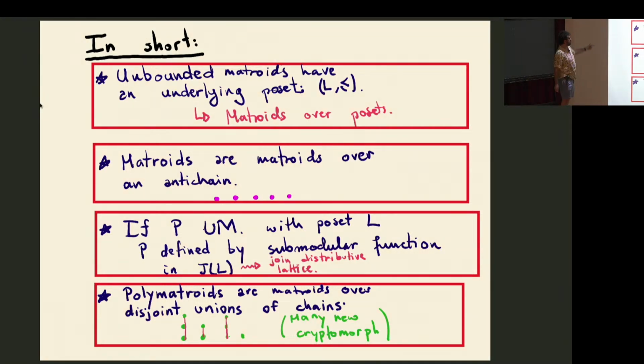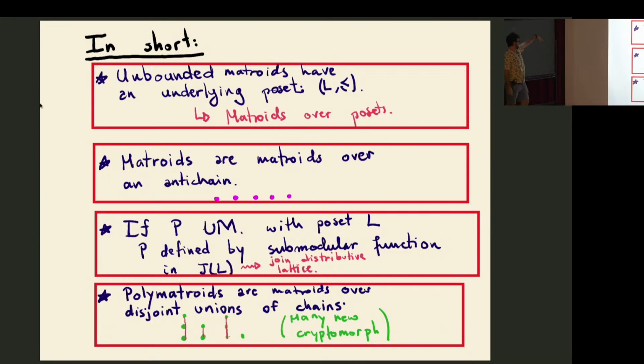If you want to think of matroids, these are matroids over the antichain, a poset with no relations. The fact that you have no relations is somehow related to the fact that you have a bounded object. The relations in the underlying poset tell you exactly how you can go to infinity in this geometric object.